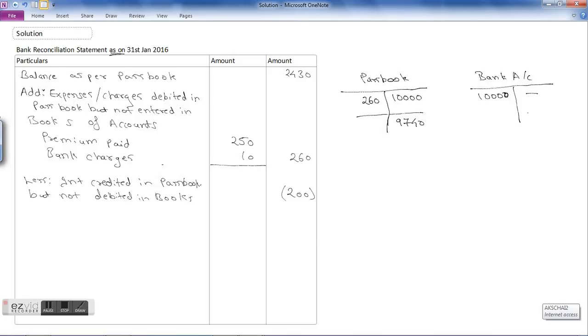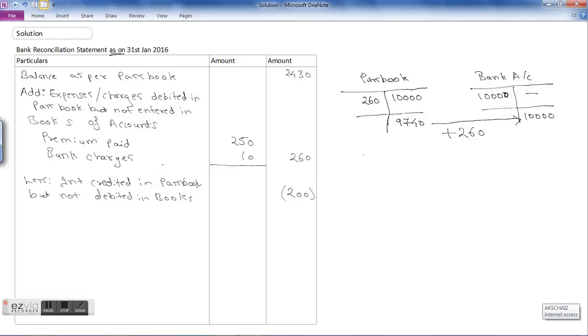And as per our bank account, what is the balance? 10,000, correct, since there is no entry. Now we have to move from passbook to our bank account. So what we have to do? From 9740 we have to go to 10,000. So we have to add this 260. The same thing has been done here, see. So you can do this rough work for each and every transaction if there is some confusion.